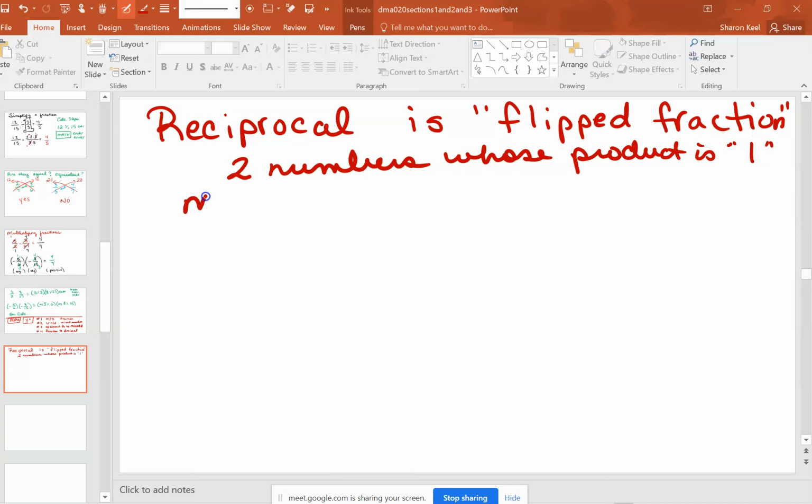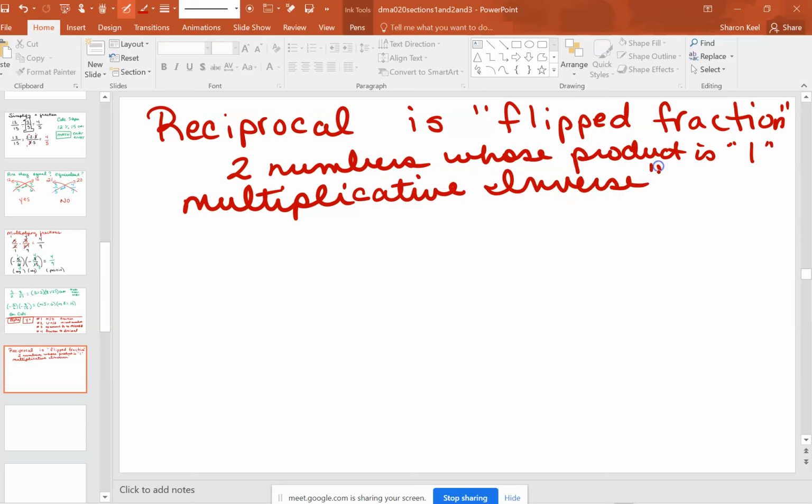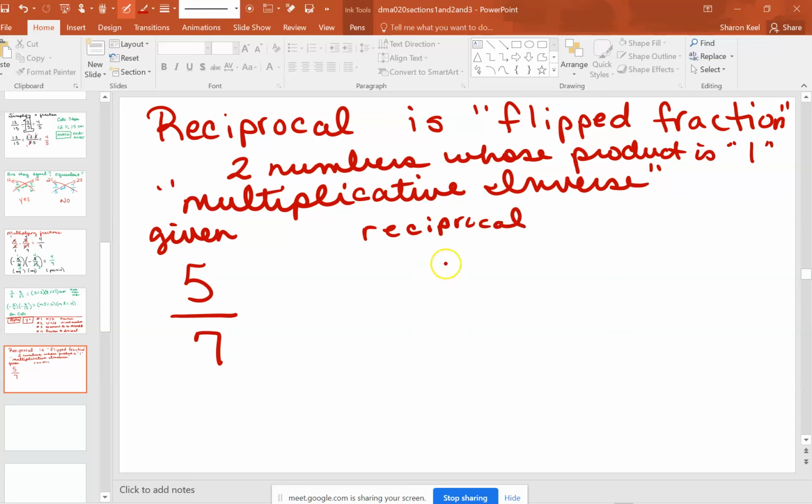It's also called the multiplicative inverse. So if I gave you, let's say, 5/7, that's the given number. The reciprocal would be 7 over 5.